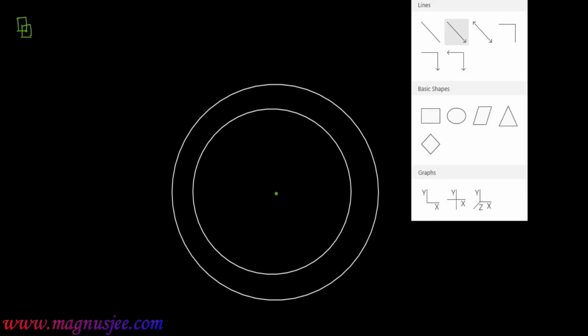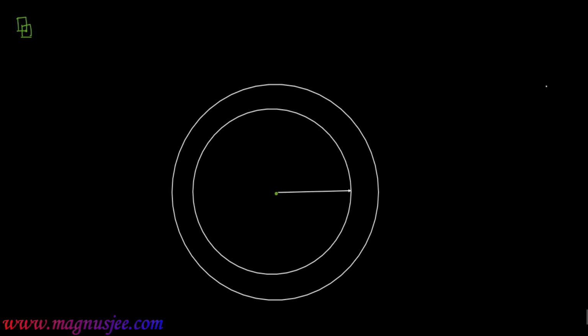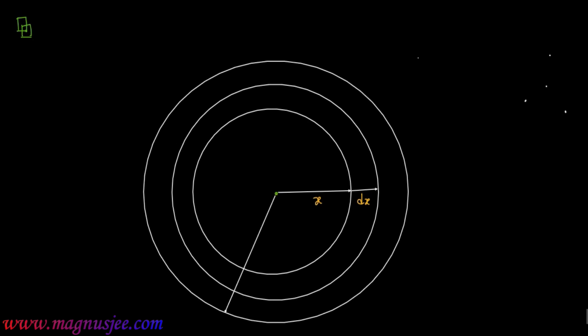an imaginary sphere of radius x, and also we can consider a spherical small element of width dx. dx is the width of this elementary portion, and the main charged metal sphere has the radius capital R. A charge plus Q is uniformly distributed on the surface of this metal sphere.